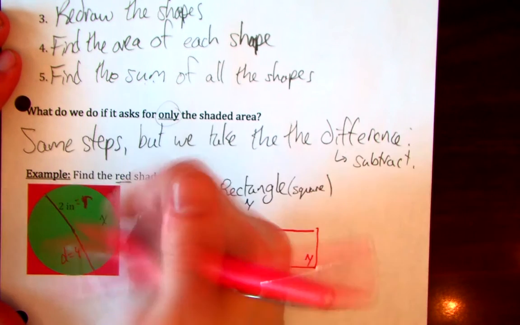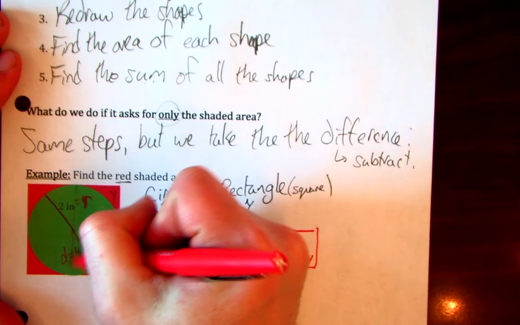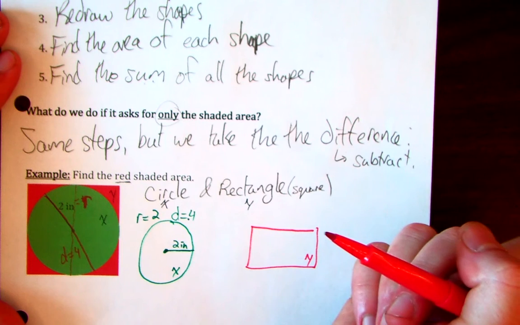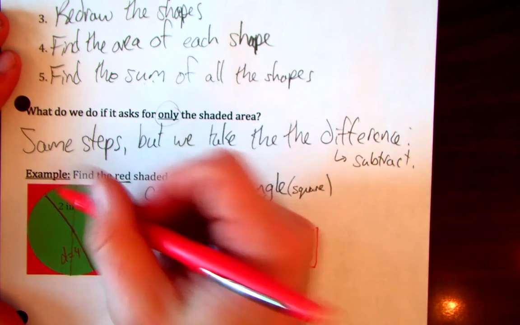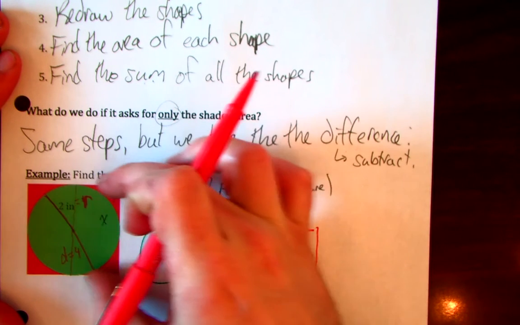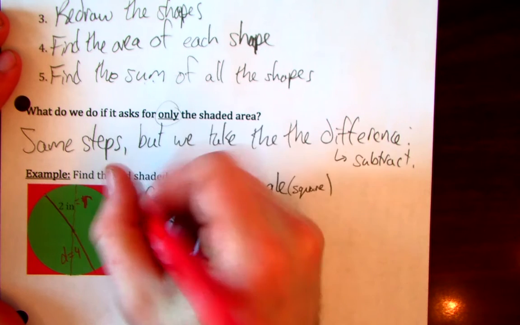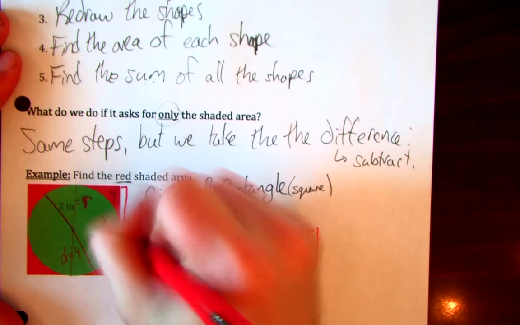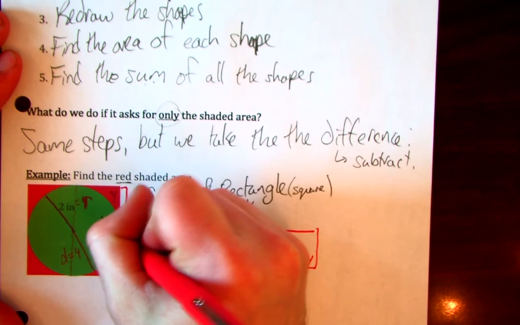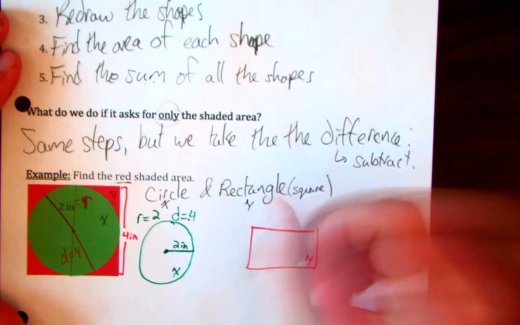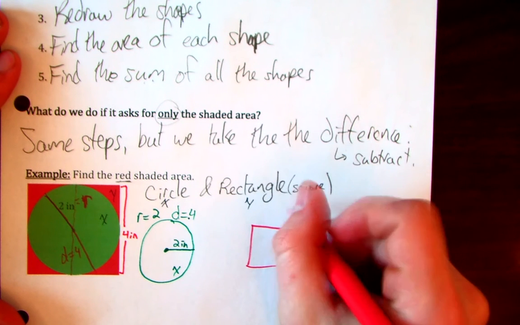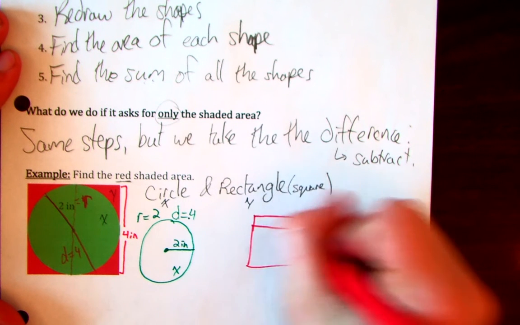Meaning, is this length here also 4? Well, yeah, because it's the same diameter. And if we take that length and slide it to the right, that would mean that this entire length is also 4 inches. So that means that, yes, it is actually a square.